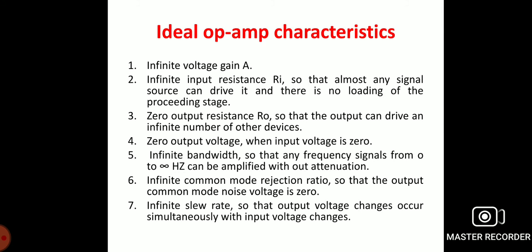It is a versatile device that can be used to amplify AC as well as DC input signals and is designed for computing mathematical functions such as addition, subtraction, multiplication, integration or differentiation. So we can see the operational amplifier symbol. One input is inverting and the other input is non-inverting. The reference supply voltage V plus, the negative supply voltage, and also the output V out.